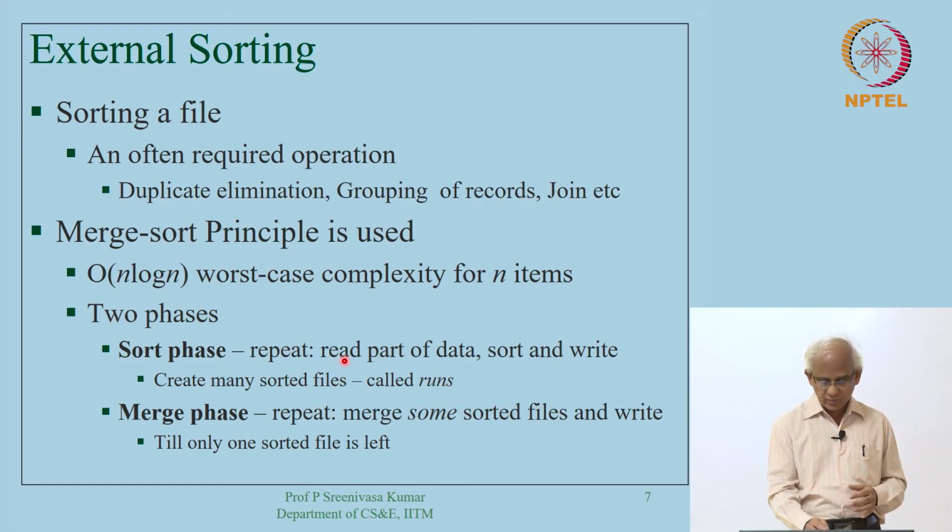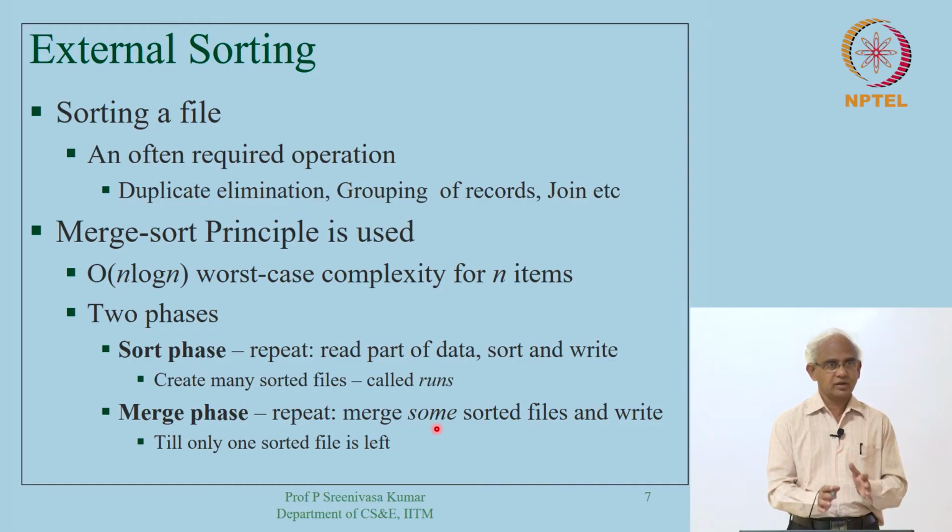Basically, read part of that file, sort it and write it back to the disk, and you would have created one run. Like this you will create several runs. So in the sort phase we create several sorted runs, and then in the merge phase we take some of them, merge them and produce an ultimate sorted file.